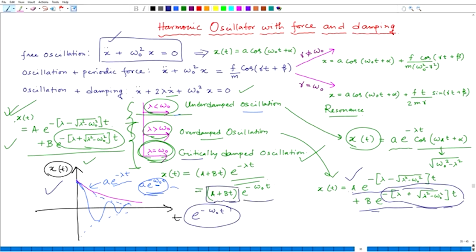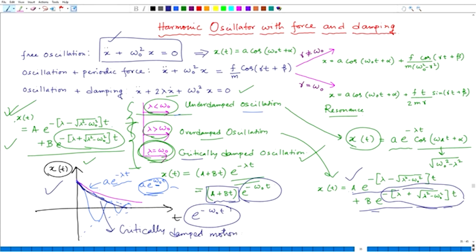So this part dominates. Sorry, the drawing was not perfect, but I can simply draw this. Yeah, so you see, this is the critically damped motion.